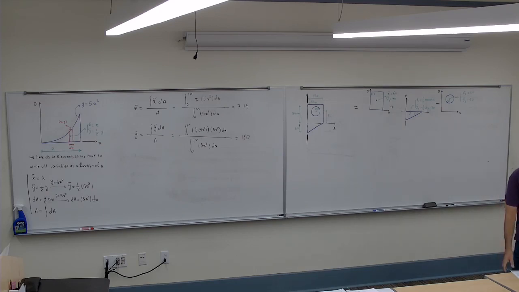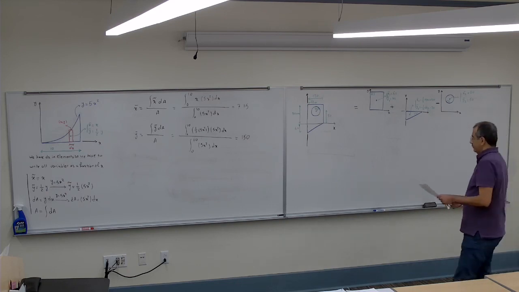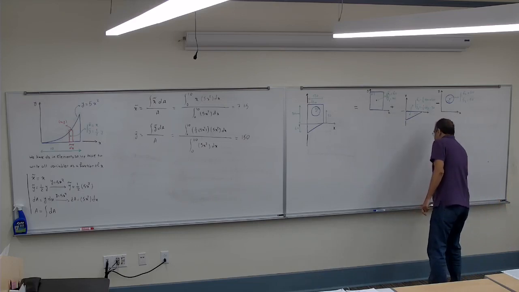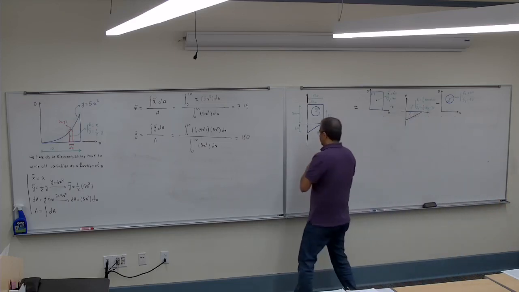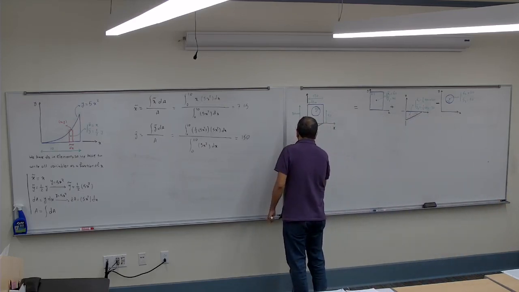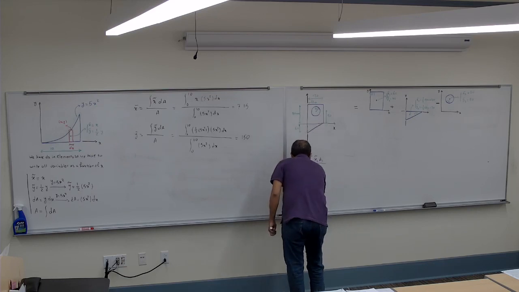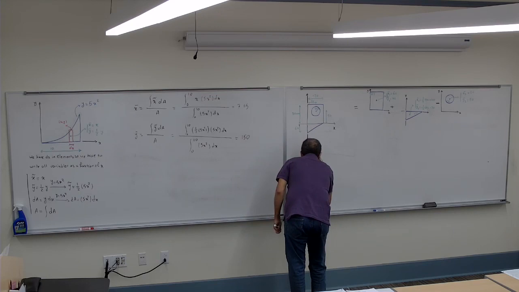So now I need to calculate, remember the equations are x bar is sigma x tilde i Ai divided by sigma Ai, and y bar is sigma y tilde i Ai divided by sigma Ai.